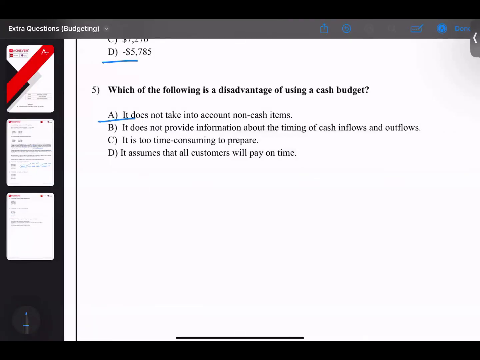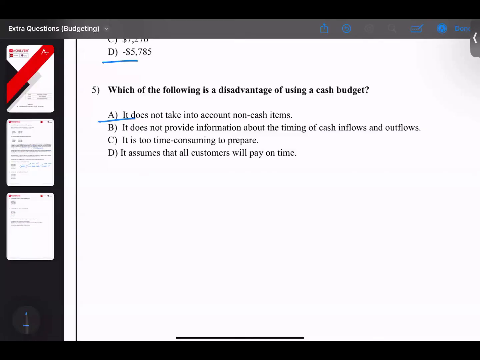If you look at statement B, it doesn't provide information about the timing of cash inflows and outflows. No, that is wrong. When we are preparing the cash budget, we are considering the timing: the cash outflow of February, the cash outflow of March, like we did before. Option C, it is too time consuming to prepare. That is also wrong.